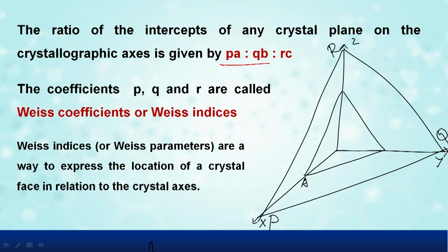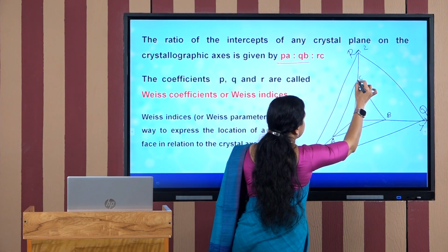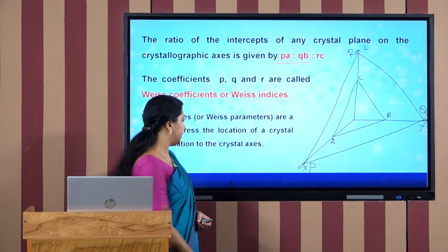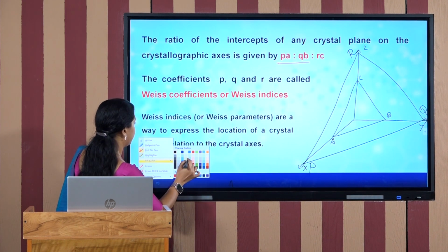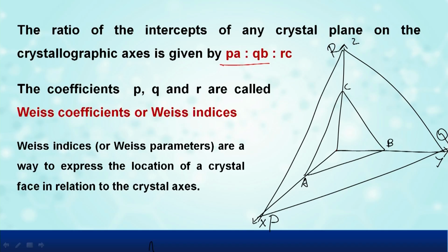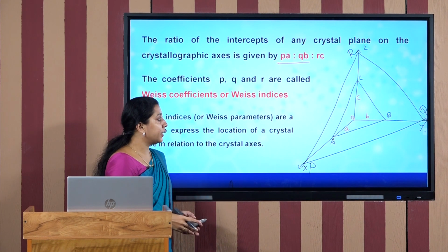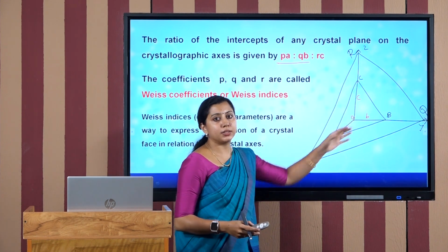Let it be A, B and C. So, in this figure we have a plane PQR and we have considered a unit plane ABC. Now, let us mark the intercepts. That is, at OA the intercept is A, at OB the intercept is B, and at OC the intercept is C. Now, what will be the axial ratio? That will be A is to B is to C.